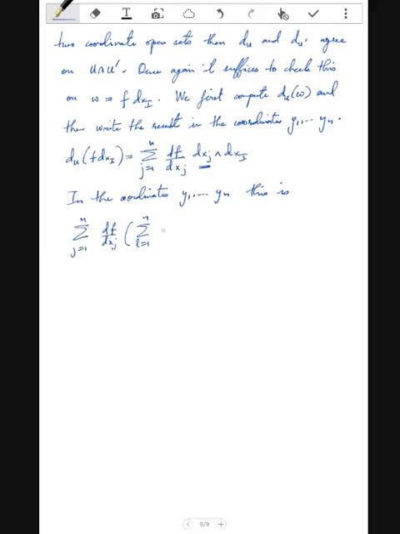So this is dx_j, summation l equal to 1 to n dx_j by dy_l dy_l, wedge, once again l equal to 1 to n dx_i1 by dy_l dy_l, wedge, and so on, and finally dx_ir by dy_l dy_l.